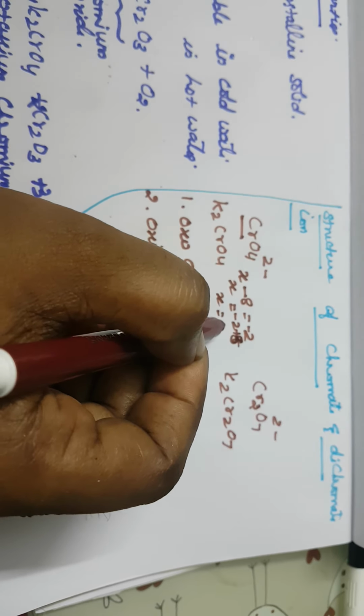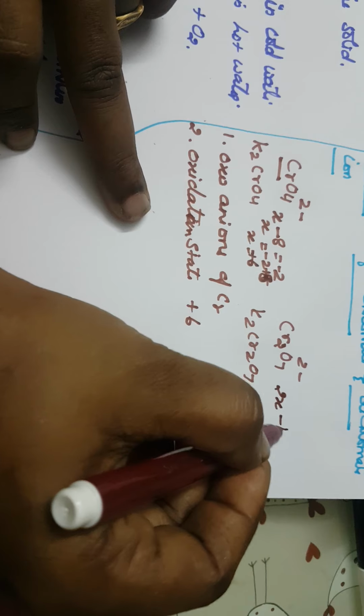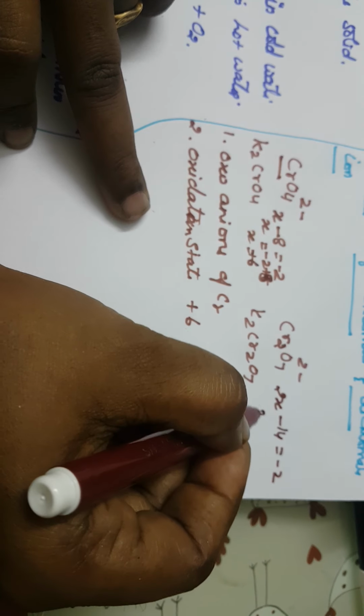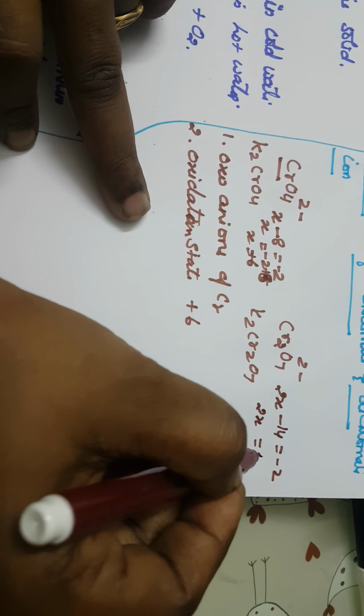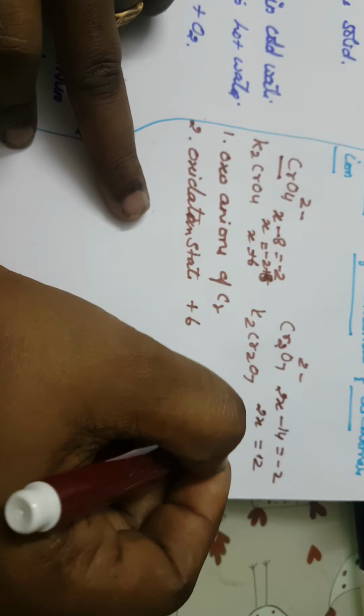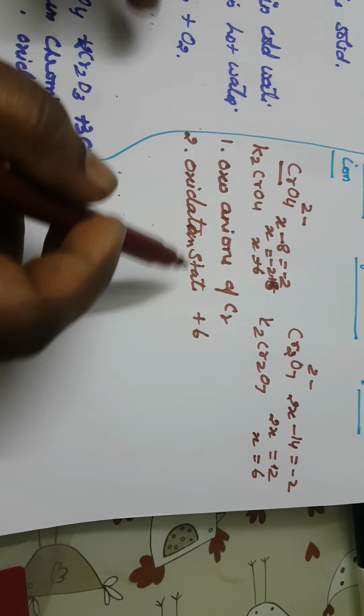Here also the same thing; we studied this last year. For dichromate, 2X minus 14 equals minus 2, 2X equals 12, X is equal to 6. So the oxidation state of both chromate ion and dichromate ion is plus 6.